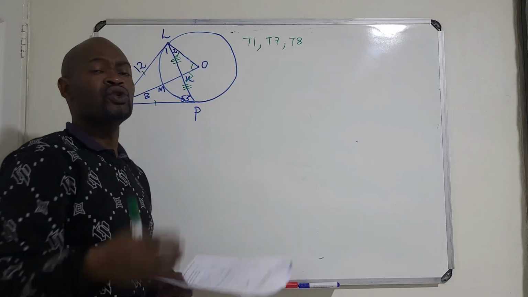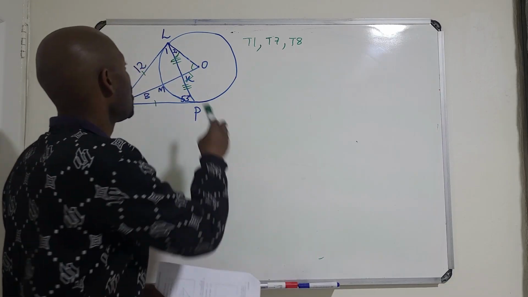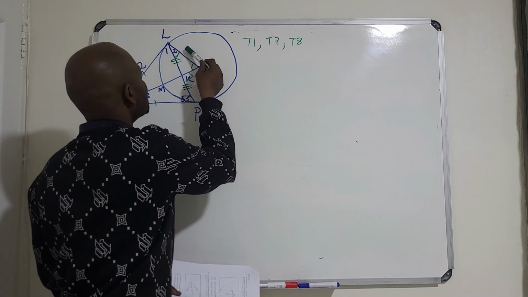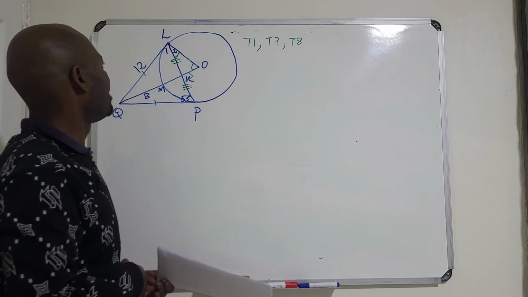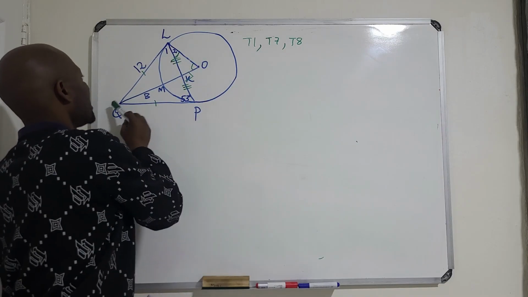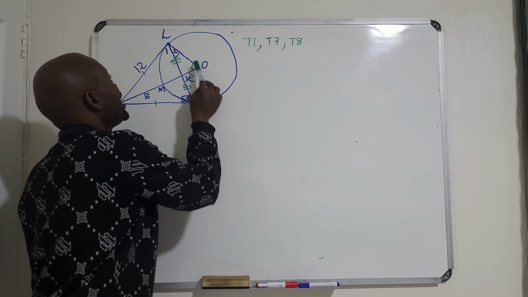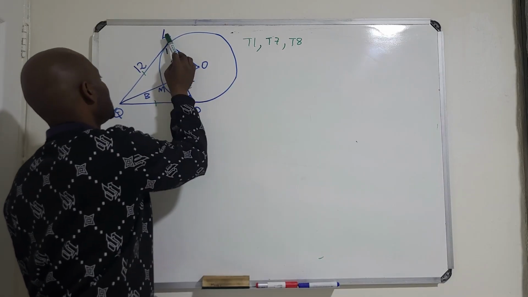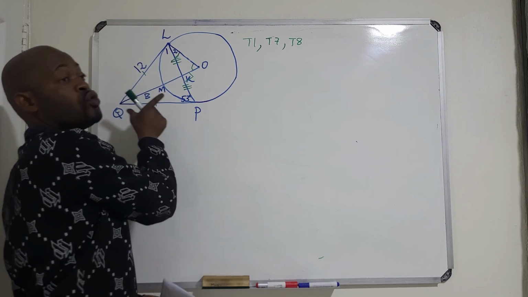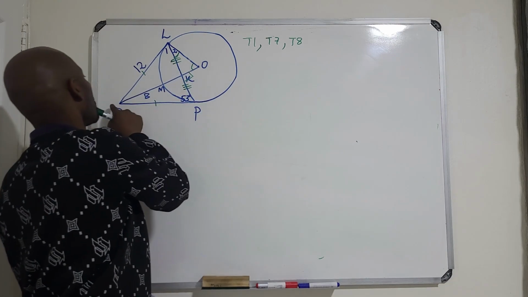So we can't use trigonometric ratios, where we would use opposite over adjacent to get our radius, because for the hypotenuse of triangle LQO we have only MQ. We don't have the whole OQ.